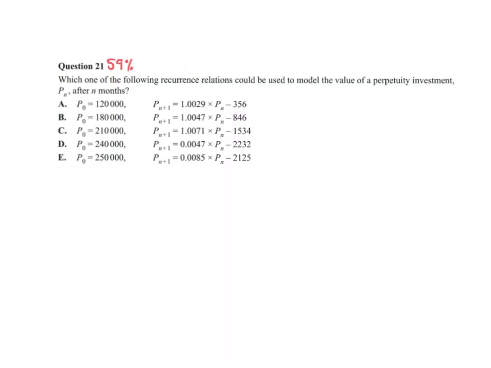Okay, so here's an exam question. Which one of the recurrence relations is used to model a perpetuity investment? So once again, we can do what we just did before. If it's a perpetuity, the interest gained equals the payment.